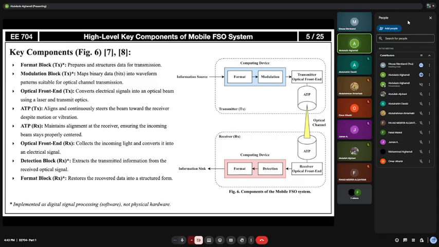And finally, we have the format block, which restores the recovered data into a structured format. Notice that the format block and modulation block at the transmitter, and the detection block and format block at the receiver, are implemented in software. They are digital signal processing and not a hardware device or equipment.